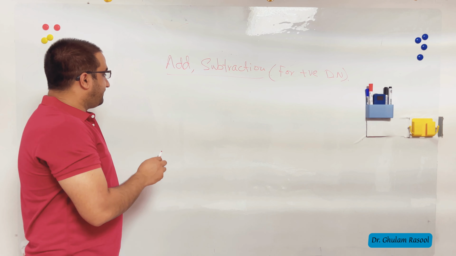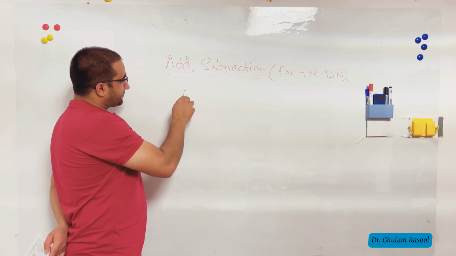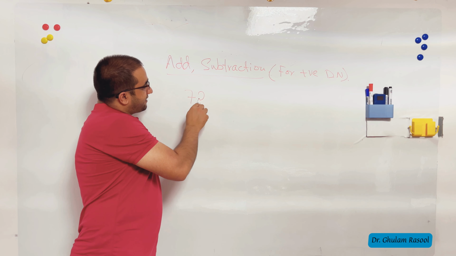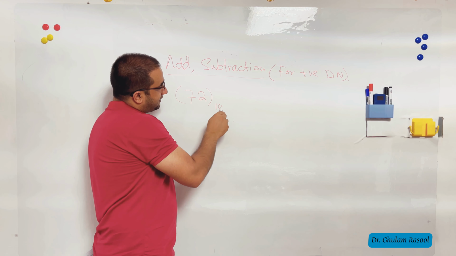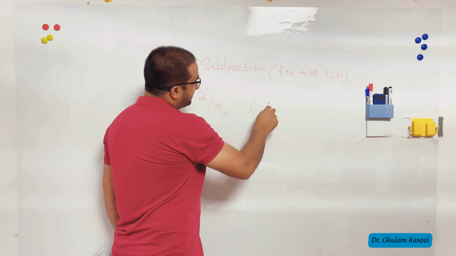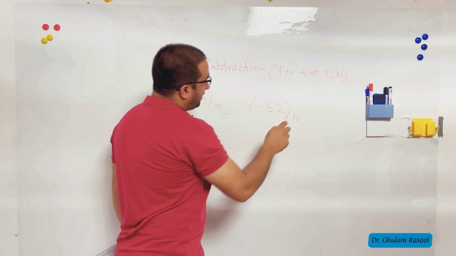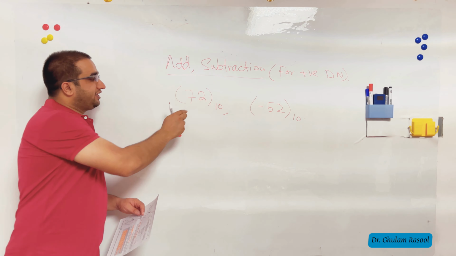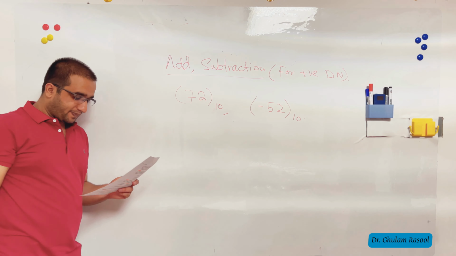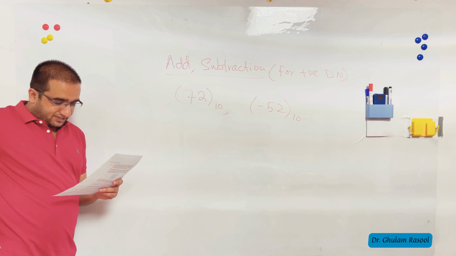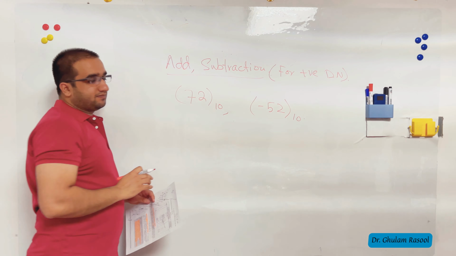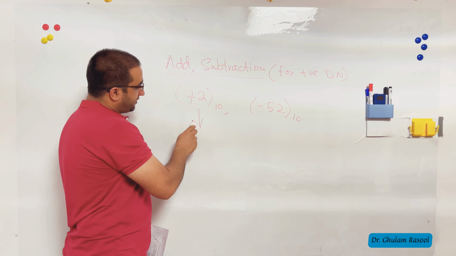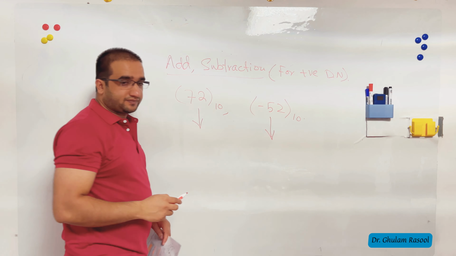Now if I say, give me a sum of these, this is one decimal number and this is another decimal number, and I ask you to give me the answer in the binary system, then first you need to convert these numbers into binary.